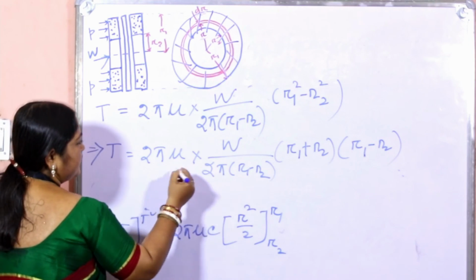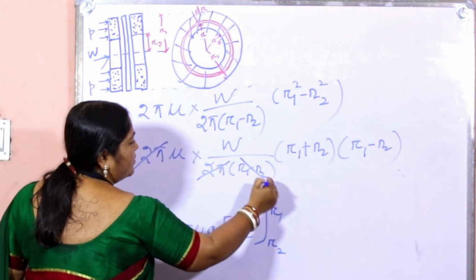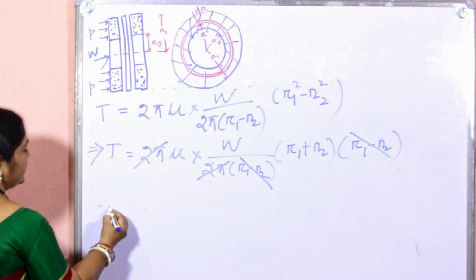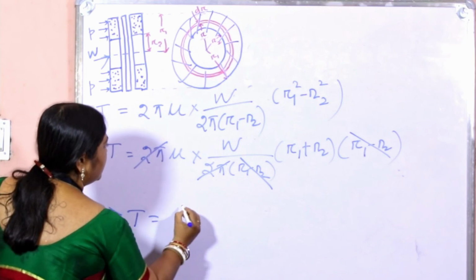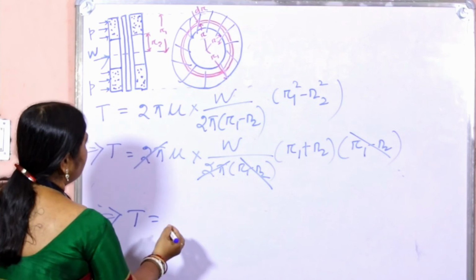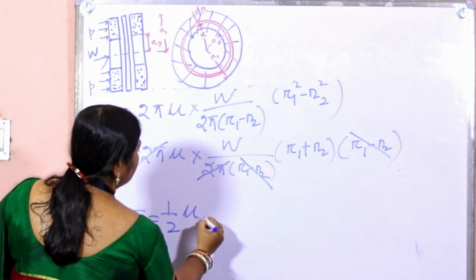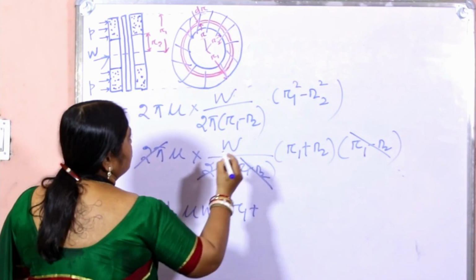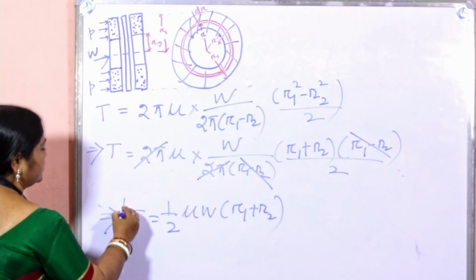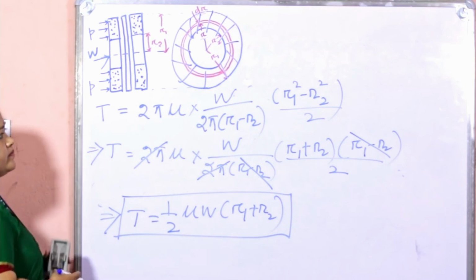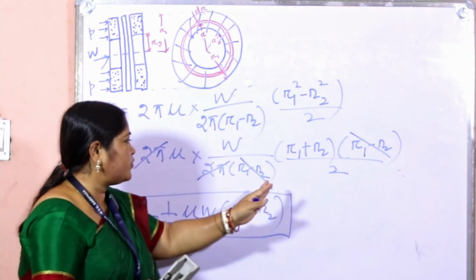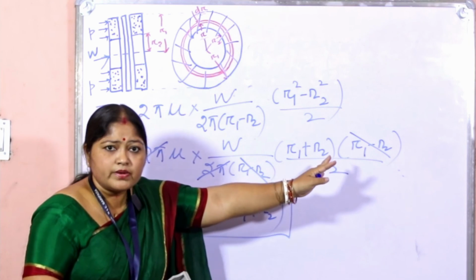Now we are cancelling: 2 pi cancels out, and R1 minus R2 cancels out.